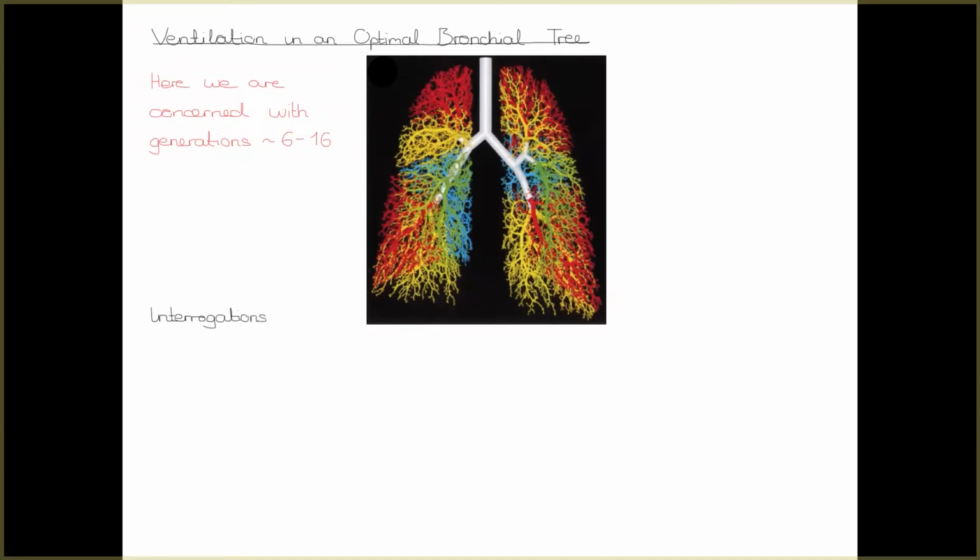So what are our interrogations? The first thing is we have this interplay between the shape of the airway tree and ventilation. And the question is, how does this shape have to be designed in order to be in some way optimal? And how can ventilation then be optimal? We have to first define what we call optimal, what kind of constraints we have, and then how we can do the optimization. There are always 3 steps in an optimization problem.